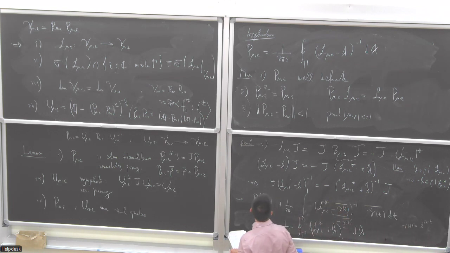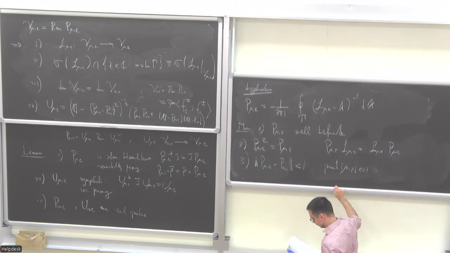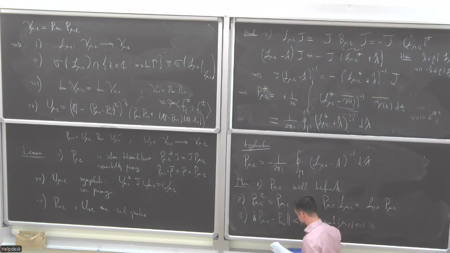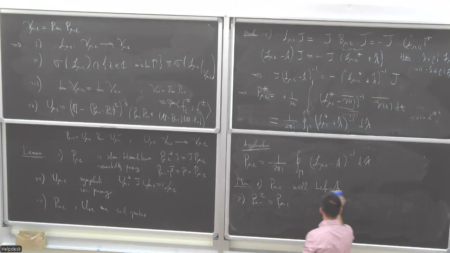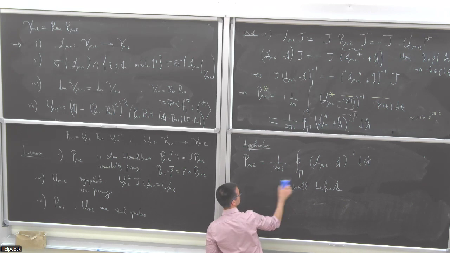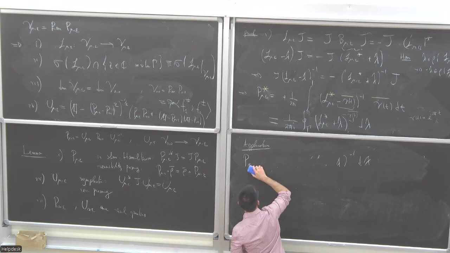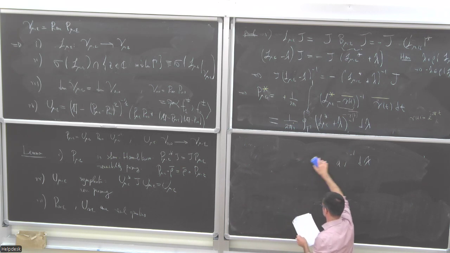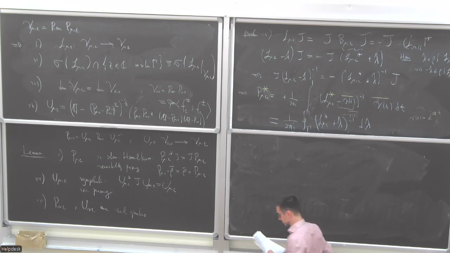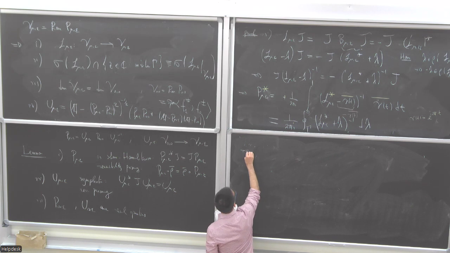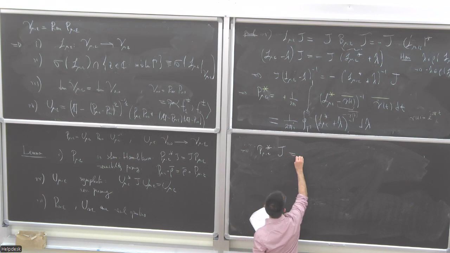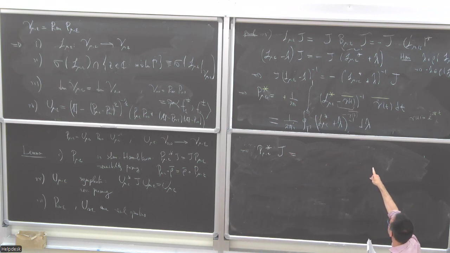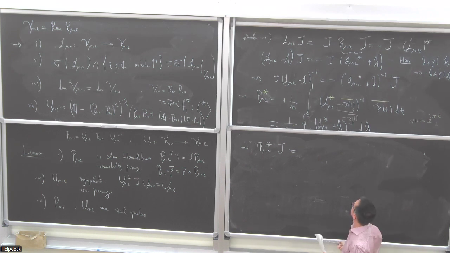Okay, and now what do we get? Now P mu epsilon star applied to J, so I have this formula, I need to apply J on the right.